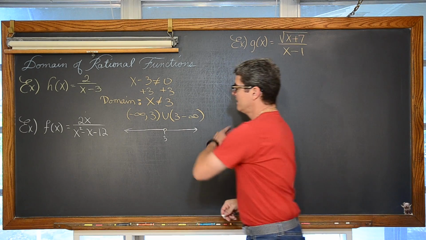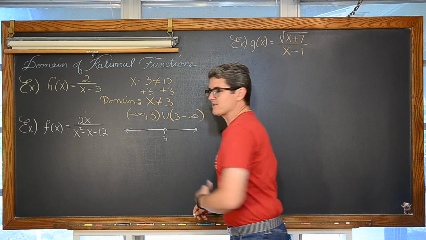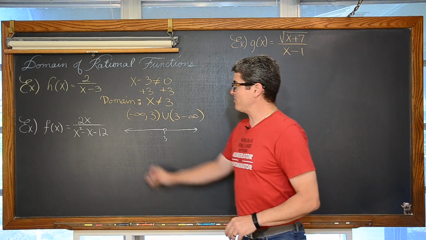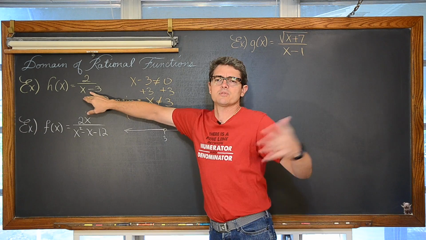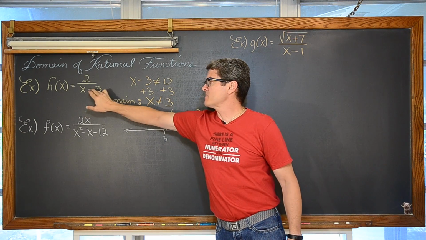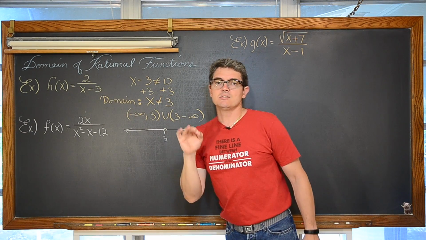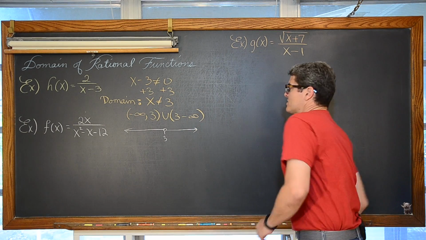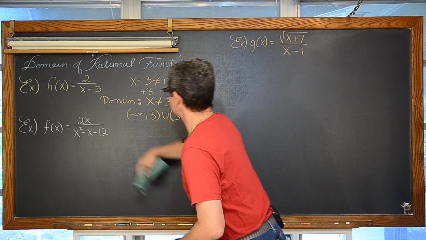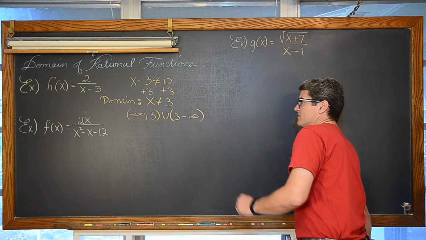Every number within the x-axis, any real value, is going to be part of this domain. You can plug in 3.000001, and when you subtract 3, the denominator is not 0, so that'll give you a real solution. So the domain is everything but 3; x cannot be equal to 3.